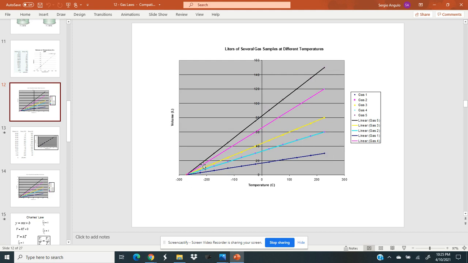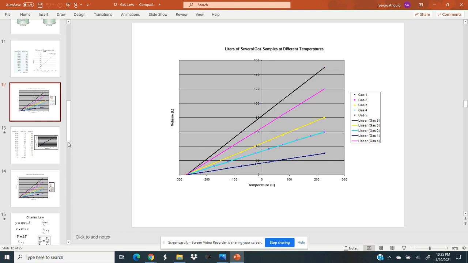Whenever anybody took a sample of a different gas, they'd get a different line with a different slope, but they'd all meet right here, about 273 degrees below 0 Celsius. Now, some of you may recognize that number as the coldest it can be, actually.